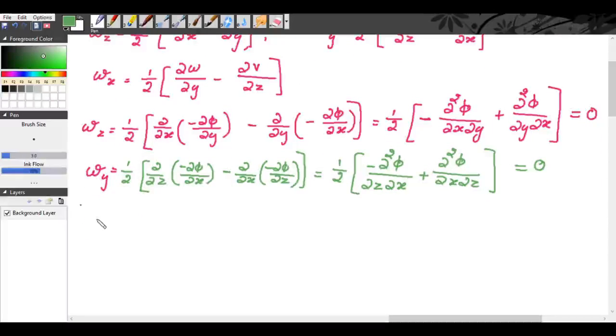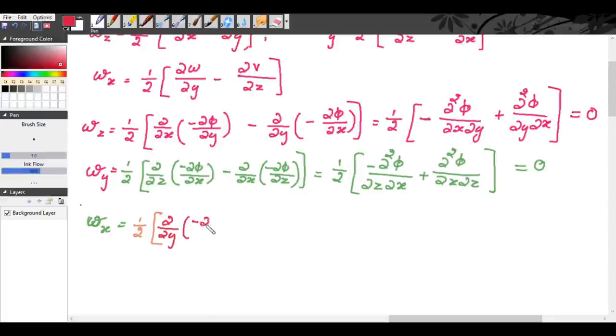Similarly, our omega x will be equal to half of dou by dou y of w.